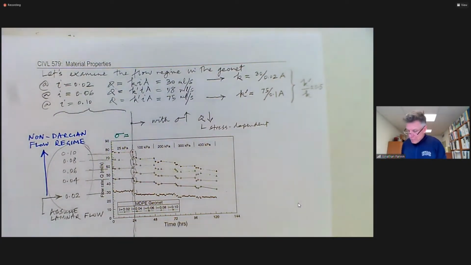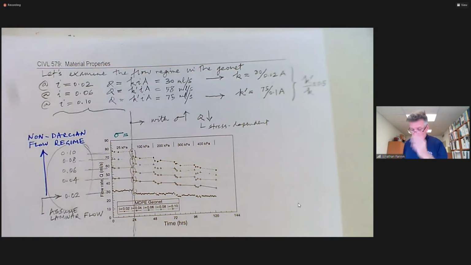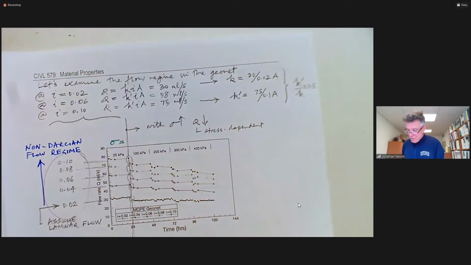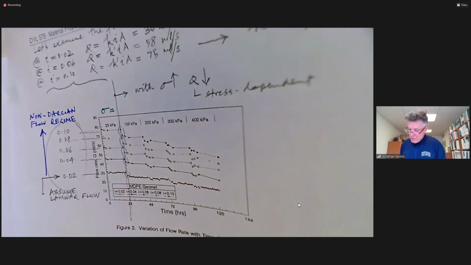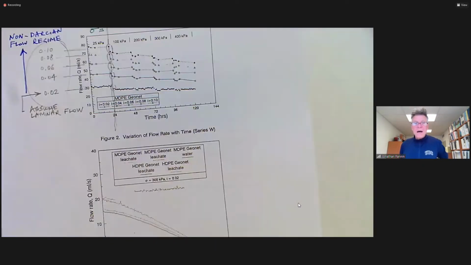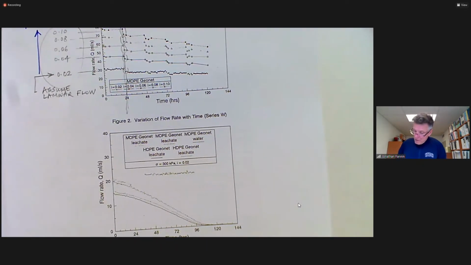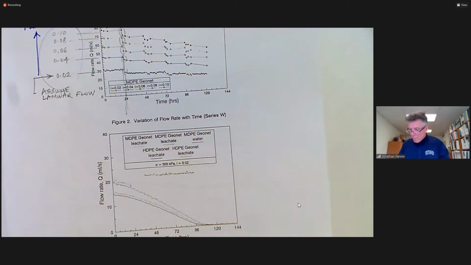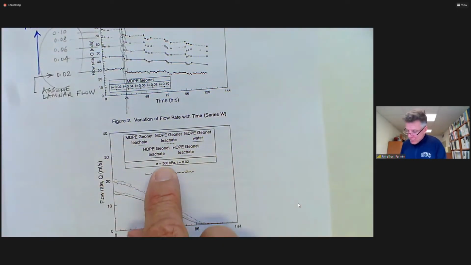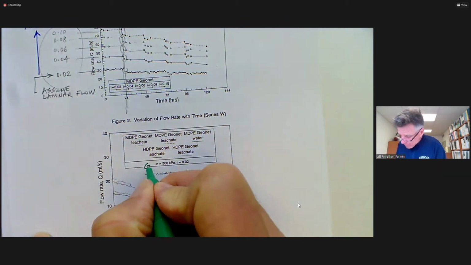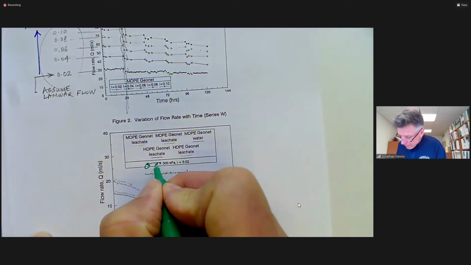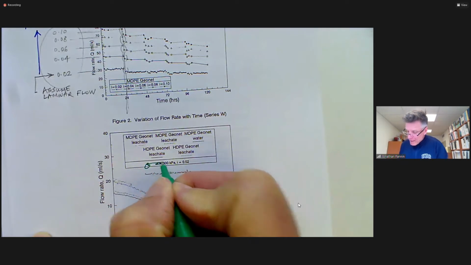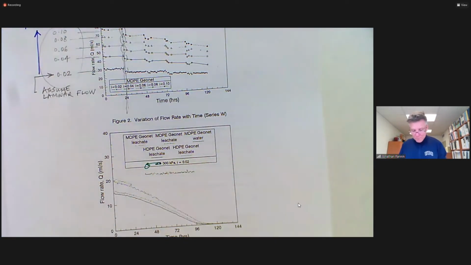And there's a second point I wanted to make here, is just because water can flow through it quite easily, here was another series of data acquired at that time, and they're being acquired at a stress of about 300 kPa, sigma equals 300 kPa, I is equal to 0.02.